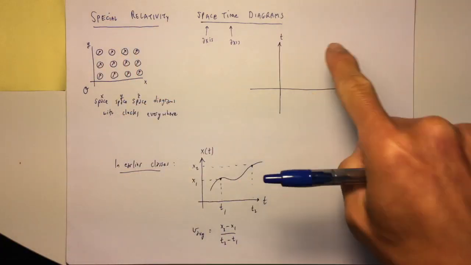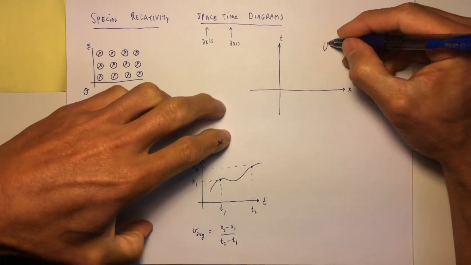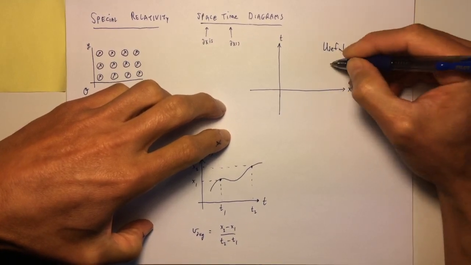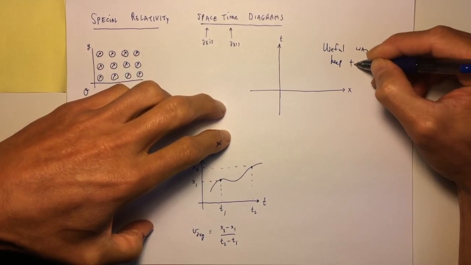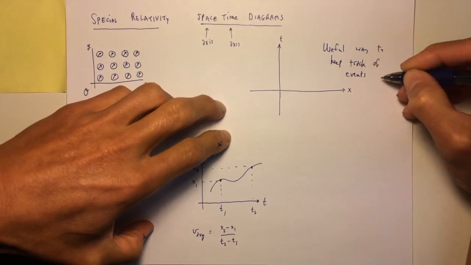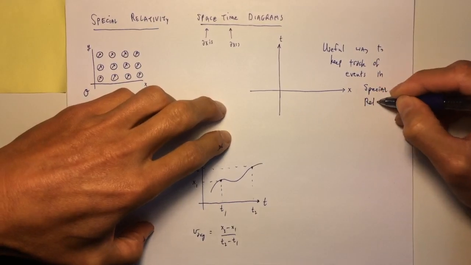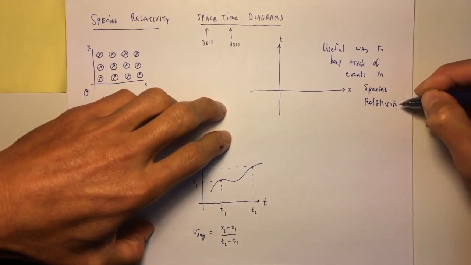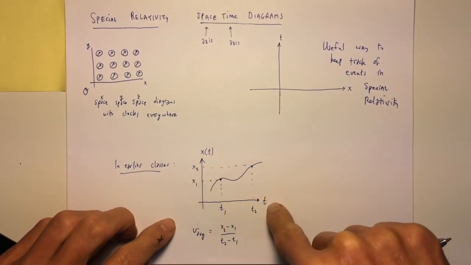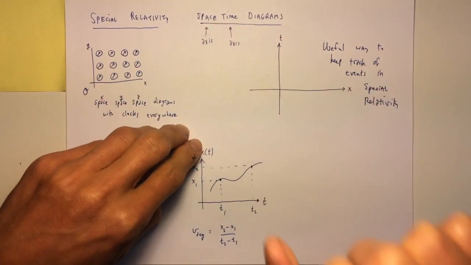It's just a different tool, but this is a really useful way to keep track of events in special relativity. You could do special relativity on these kinds of axes, but this is what I'm going to show you today, a space-time diagram.